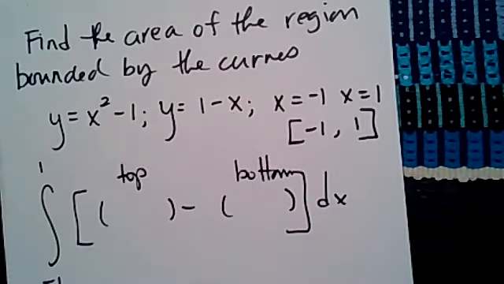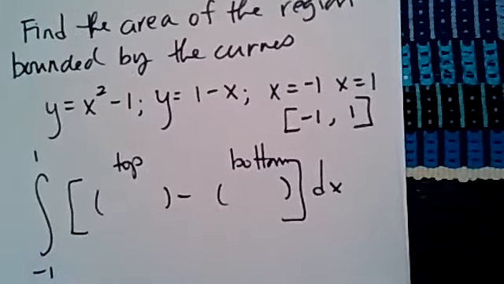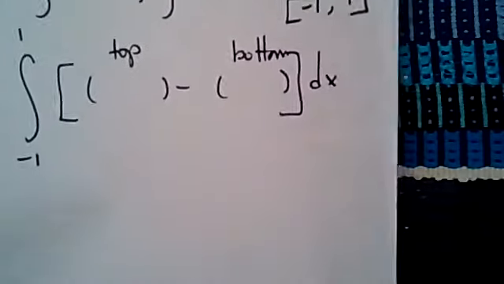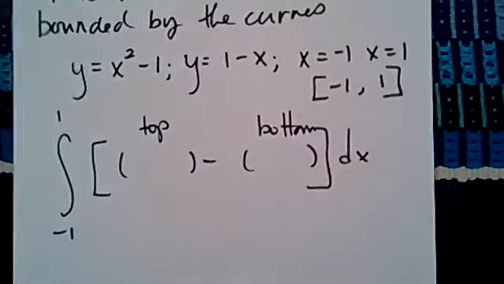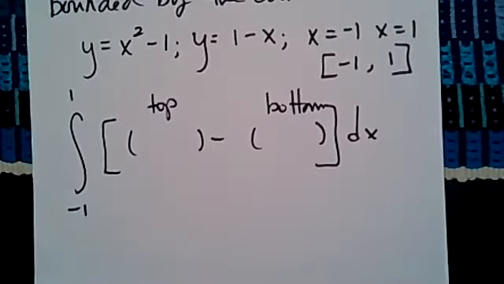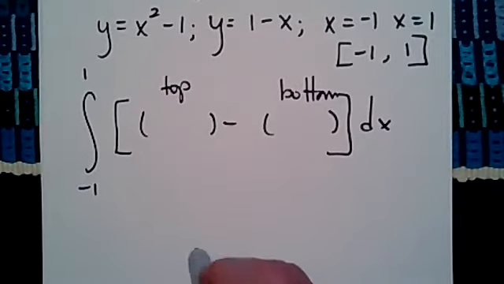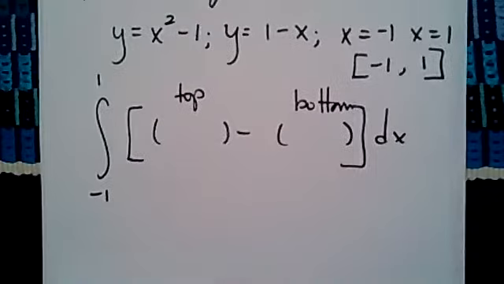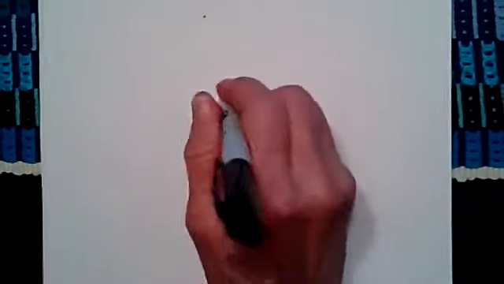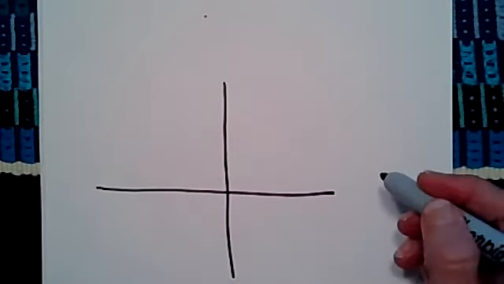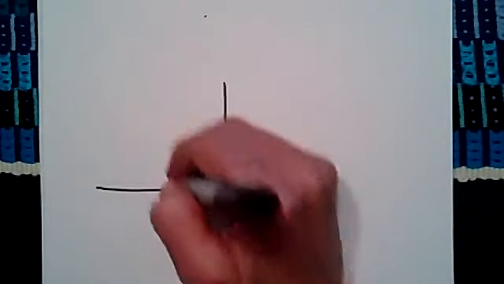If we had a graphing calculator, we could just stick it in and see which one's on top and which is on bottom. But we're not using graphing calculators. Let's look at the graph of these two functions and how we could maybe figure this out without looking at the graph. Here's the parabola, x squared minus 1.